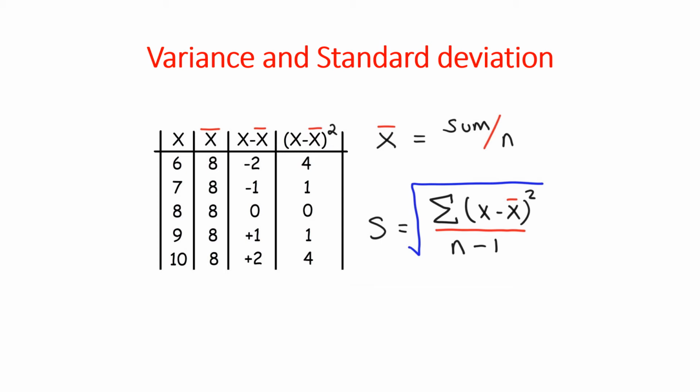So you have every raw number, which is x, and then you have the mean, x bar, and then you subtract the mean from every single value in your sample, and then you square it, and then you sum all the squared differences, and you divide it by n minus 1.